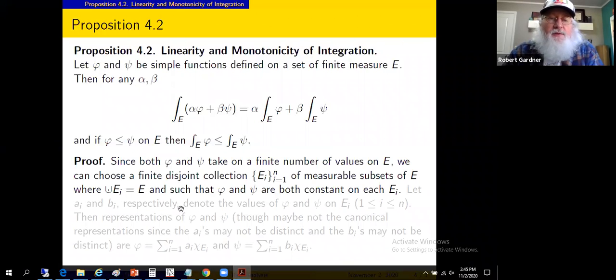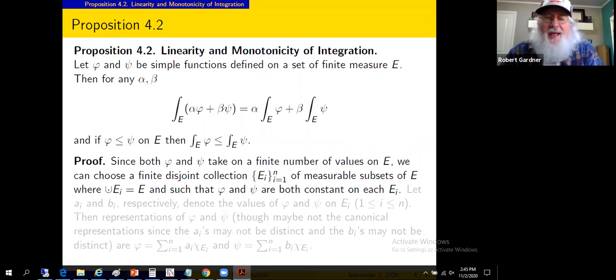Okay, so both phi and psi take on a finite number of values over set E, the set over which we're integrating. So we can choose a finite disjoint collection, E sub i, i equals 1 to n, say, of measurable subsets of E, where the disjoint union of these E sub i's equals set E, and phi and psi are both constant on each E sub i.